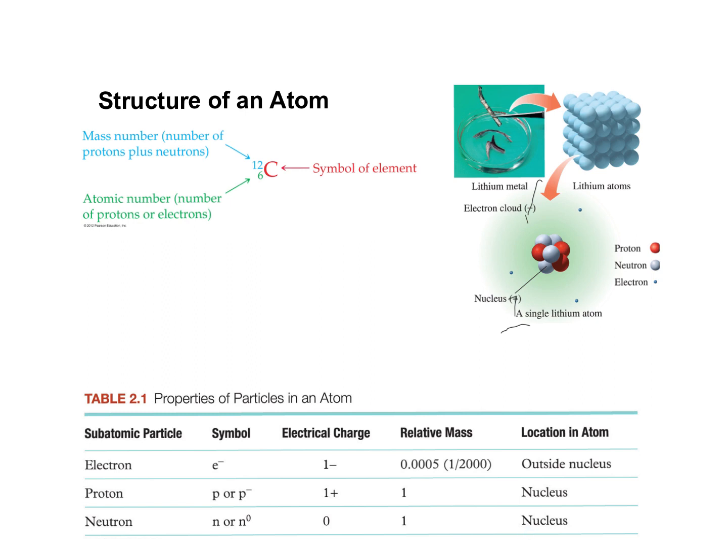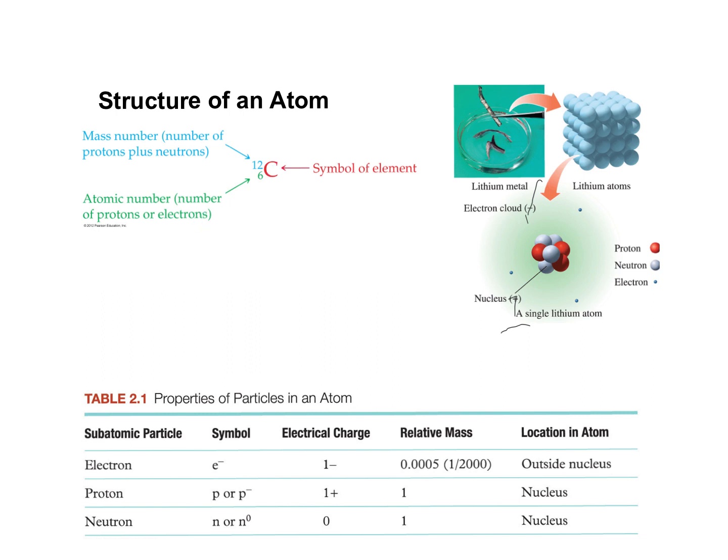I want to remind you about one of the ways that we can show information about an atom. We can put the chemical symbol here, the mass number on top, which is the number of protons plus neutrons, and then the atomic number on the bottom. That's the number that is on the periodic table, which is the number of protons or electrons if it doesn't have a charge.